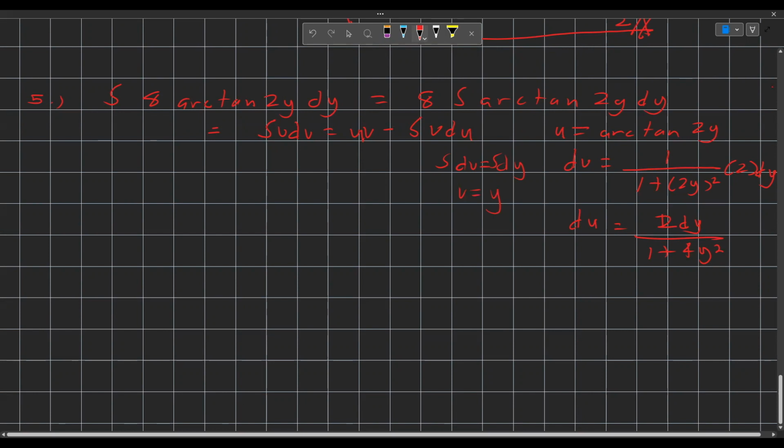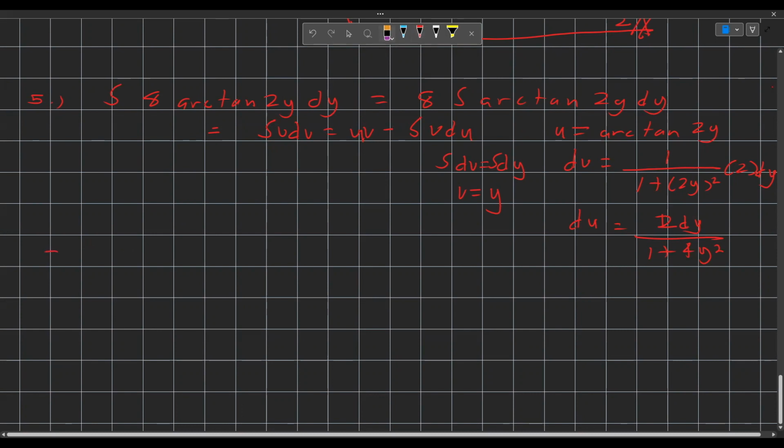Now we can just substitute these values here. Let me write it down here so we'll have more space.